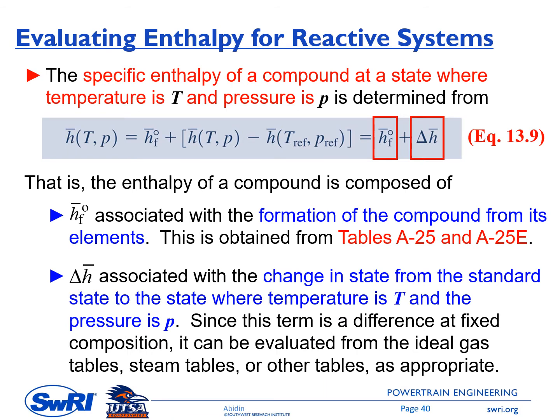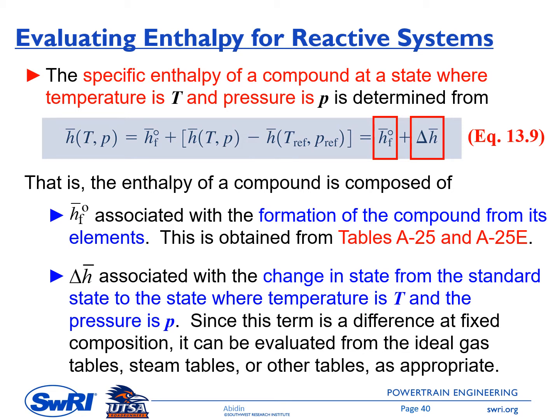Okay, we have defined the datum for this reacting system enthalpy. Now we can estimate the enthalpy at a certain state. The enthalpy of a compound at a state where the temperature is T and pressure is P is determined using equation 3.9 here.